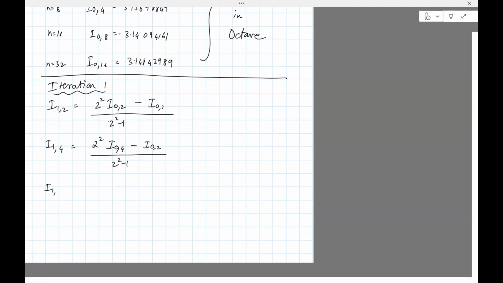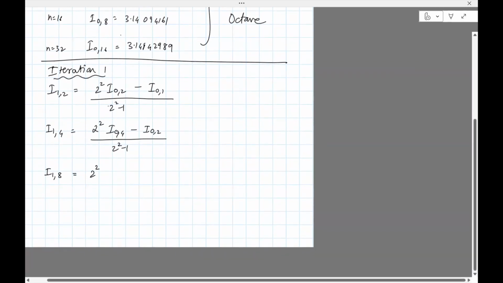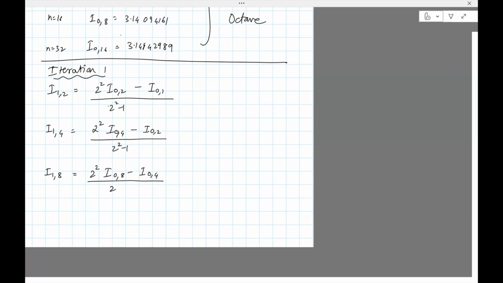Then I1,8 is 2 squared I0,8 minus I0,4, and I1,16 is 2 squared I0,16 minus I0,8, divided by 2 squared minus 1.